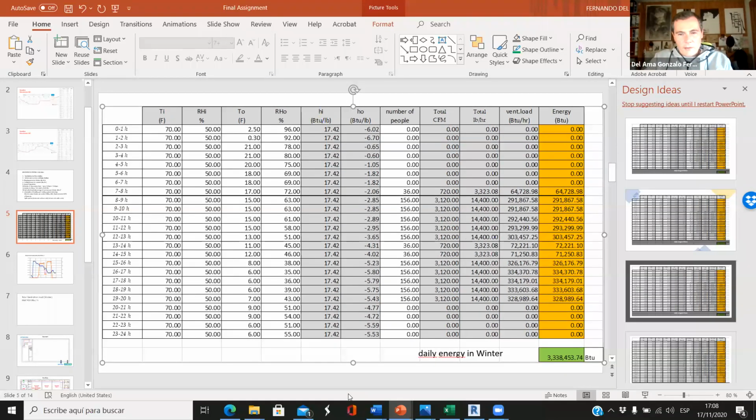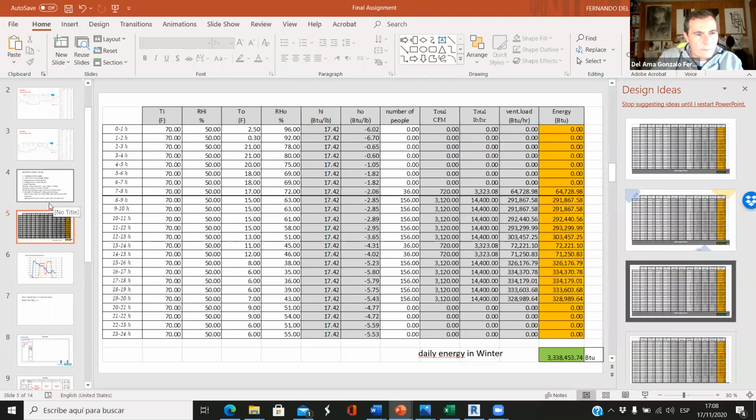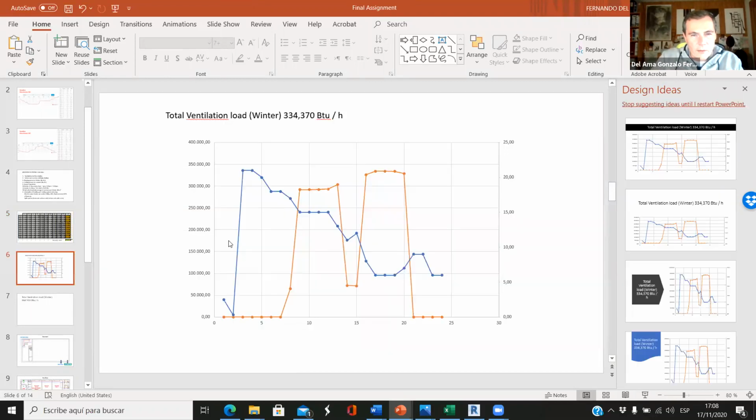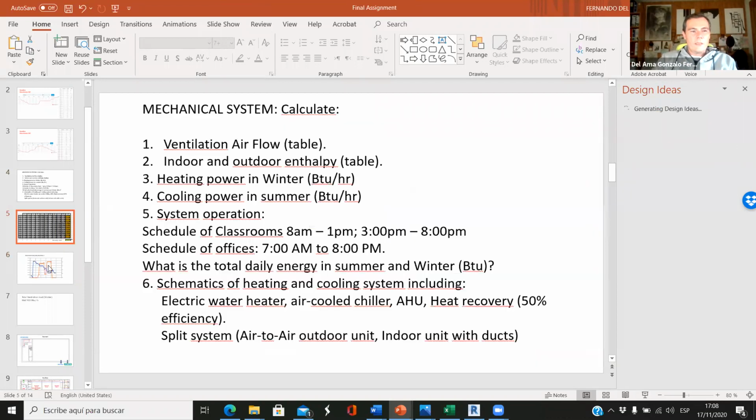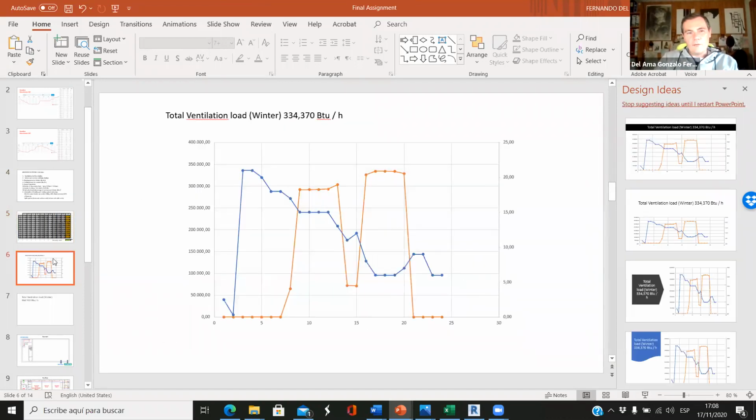There you go. This is the daily energy in winter. And this is the ventilation load. And the maximum ventilation load is this one, 334,370. Okay, this is the chart. So this is what we have to do in winter.